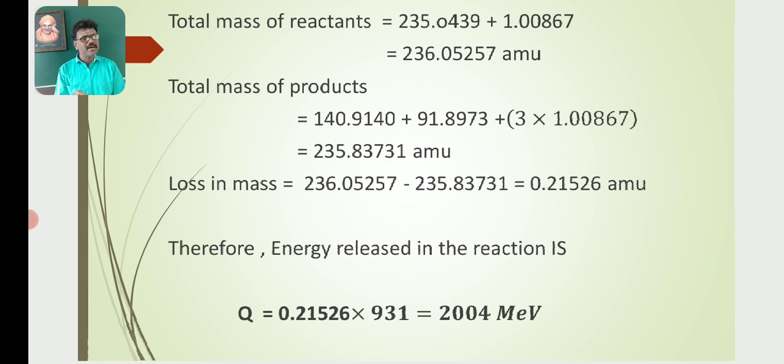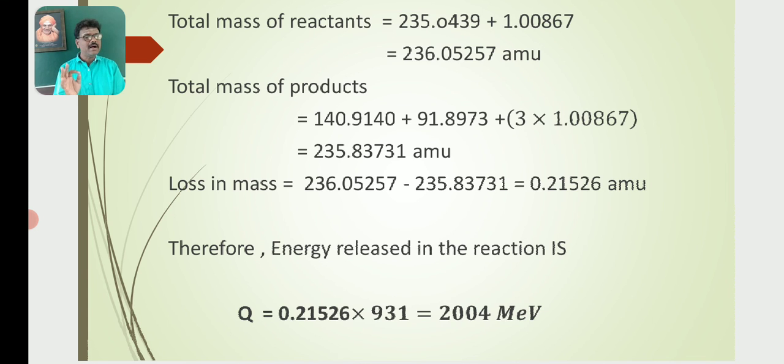The loss in mass is 236.05257 minus 235.83731, which is equal to 0.21526 AMU. Here 0.21526 AMU is the mass difference between the reactants and products, that means the disappeared mass. That much amount of mass is converted into energy.